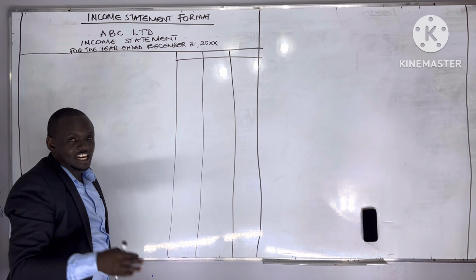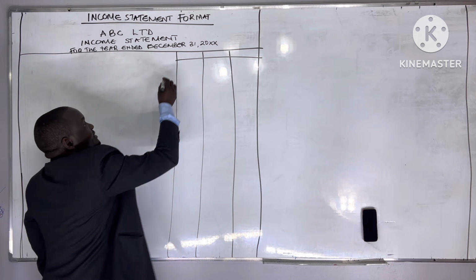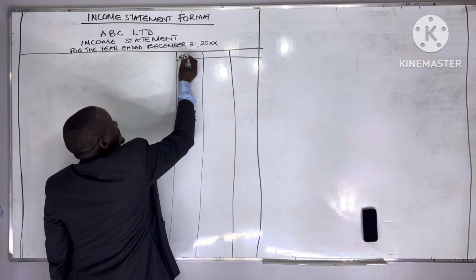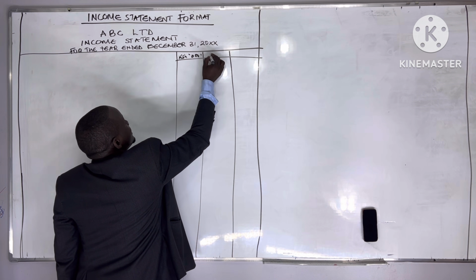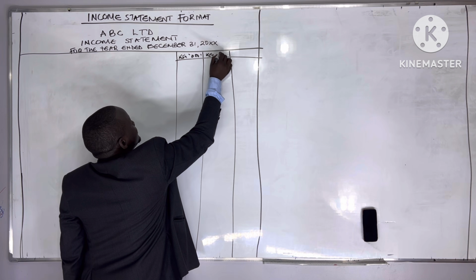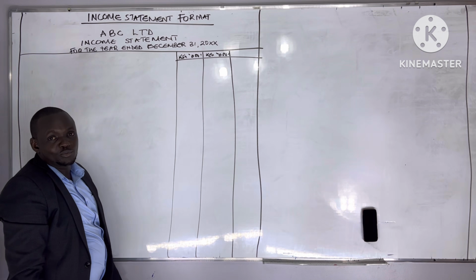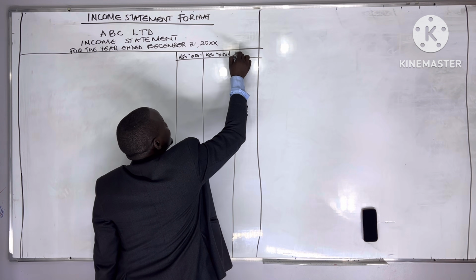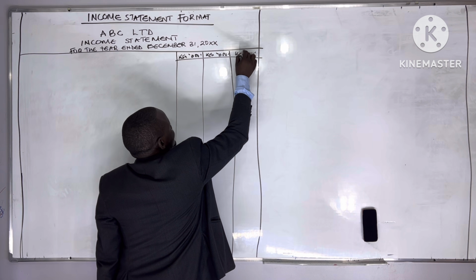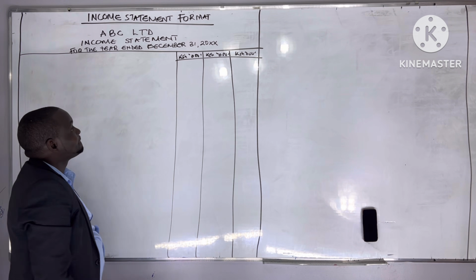Here you write the currency. For instance, I can assume it's in Kenya shillings, and I can put those 3 zeros there to mean my figures are in thousands. So this is the format.